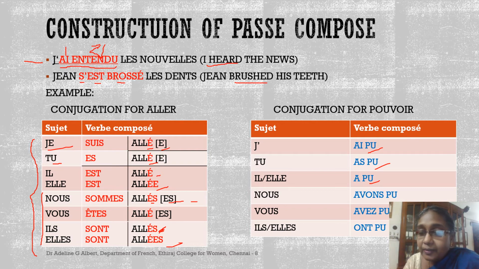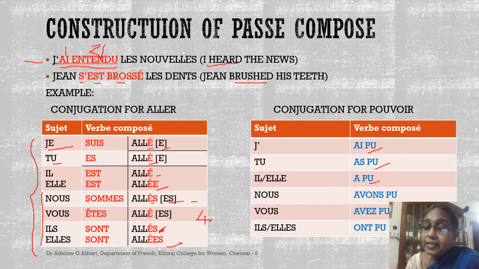It can be singular, masculine, feminine. It can be plural, masculine, feminine. So this pronoun alone has 4 types. 2 for singular and 2 for plural. Everything else in the conjugation has only 2 types, either masculine or feminine. Alright? So this is your basic difference between être verbs and avoir verbs.